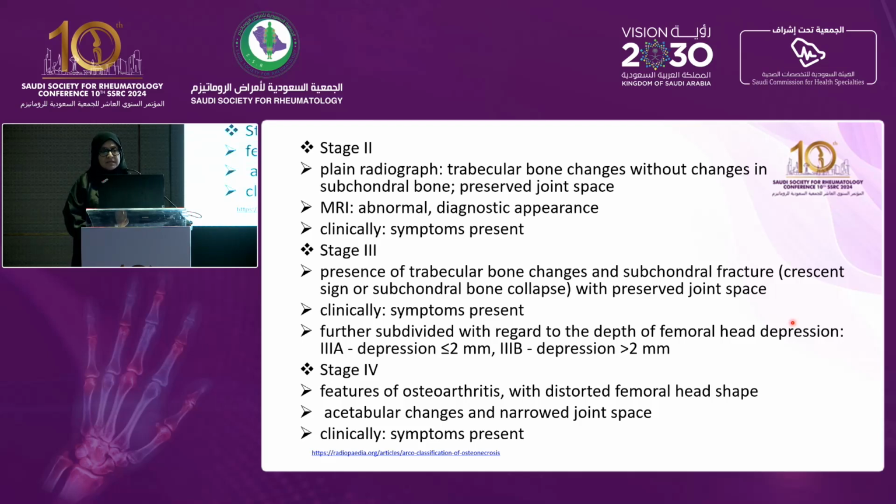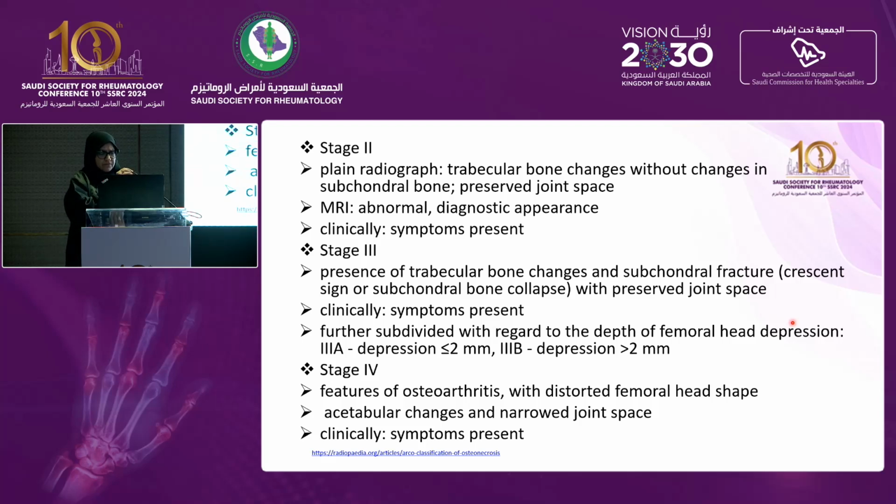This stage is subdivided into 3A and 3B according to how much collapse: 3B is more than 2 millimeters, and 3A is less than 2 millimeters.